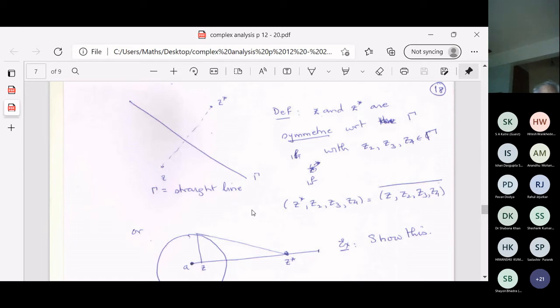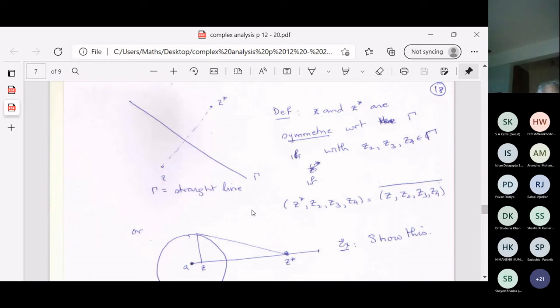So what is the definition and what is the theorem? Okay, so I will define: Z and Z star are 2 points, and gamma is determined by Z2, Z3, Z4.